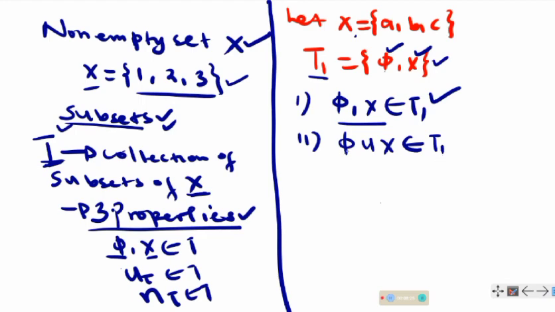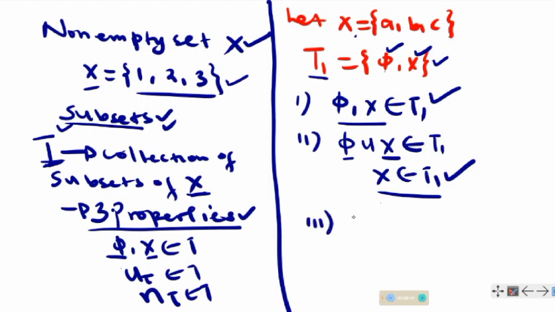Now, what is this union? This is an empty set, union X, it will give us X. Is X belonging to T1? That is true. X belongs to T1. So property number 2 will be satisfied.